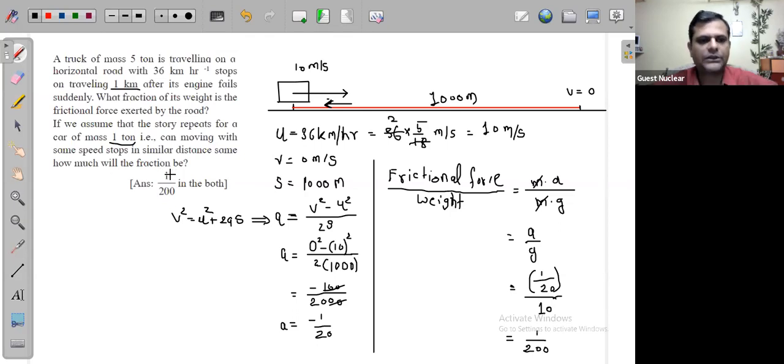We have to find this fraction of frictional force to weight in the case of the car. Again we can understand that in the case of the car also, this fraction will be the same because mass is getting cancelled.